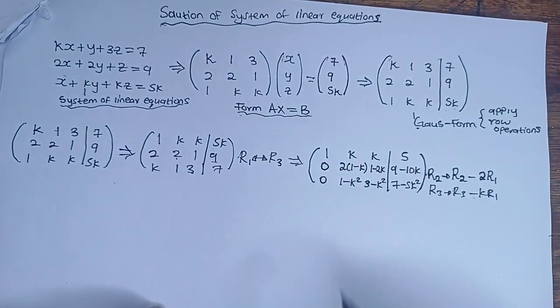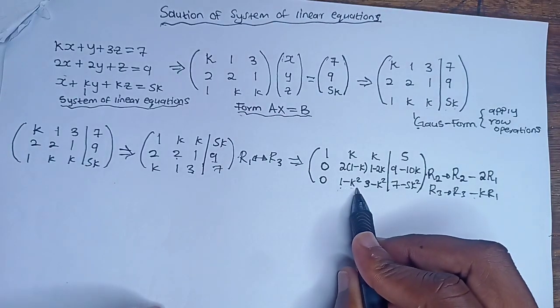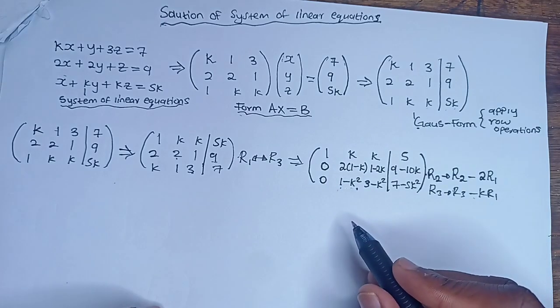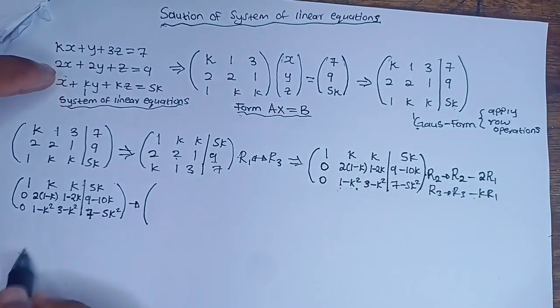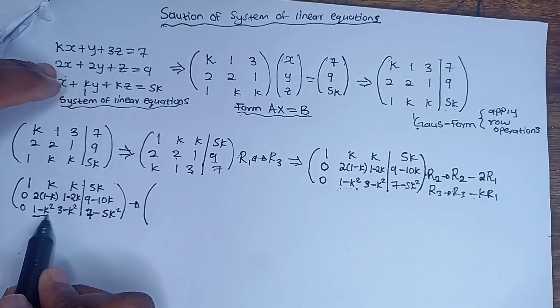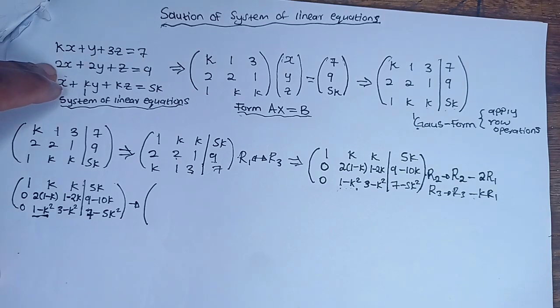Now I have to make sure that this part becomes 0. In order to do that, I can use row 2. The operation I'm going to perform now must ensure that this term becomes 0. And for that, I'm going to say row 3 will go to row 3 minus 1 over 2 into 1 plus k row 2.